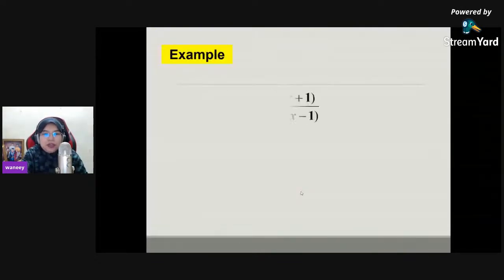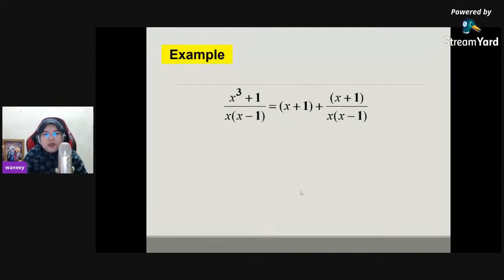Okay, so for example, let's say we have x cubed plus 1 over x minus 1. So this one, you expand them first. So this is x squared minus x. And then x cubed plus 1 over x squared minus x. So you do the long division for them. You are going to get x plus 1 plus x plus 1 over x minus 1.